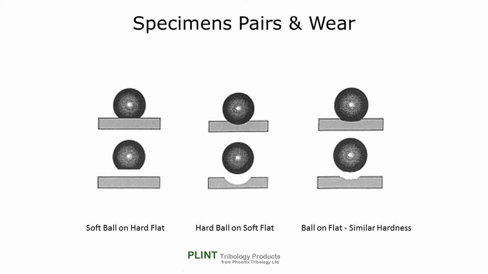If the specimen pairs are reversed with a harder pin or ball running on a softer disc or plate, we generate a different mechanism, or more precisely, mechanisms, depending on the relative hardness, the contact pressure and the contact shape. What happens to the disc or plate depends on the nature of the material.